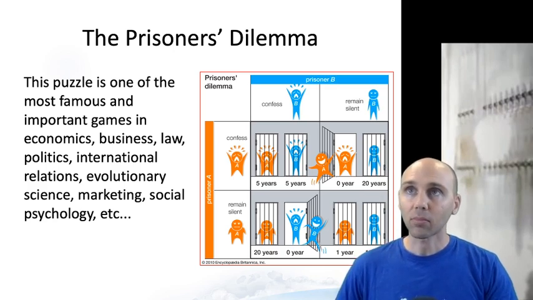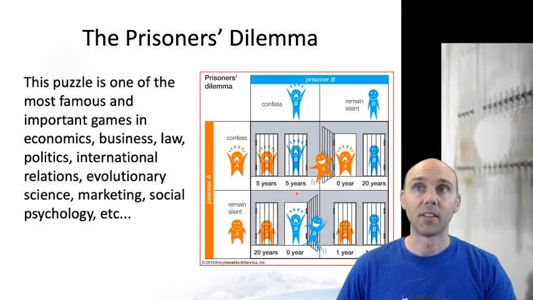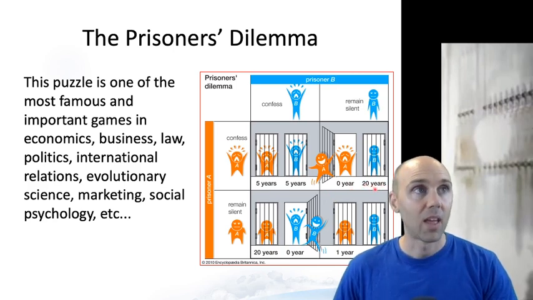So if they both remain silent, they'll only get 1 year each. If they both confess, they get 5 years each. But the real issue is that if one of them confesses and the other one stays silent, the one who confesses gets out for free and the other one gets 20 years in jail.